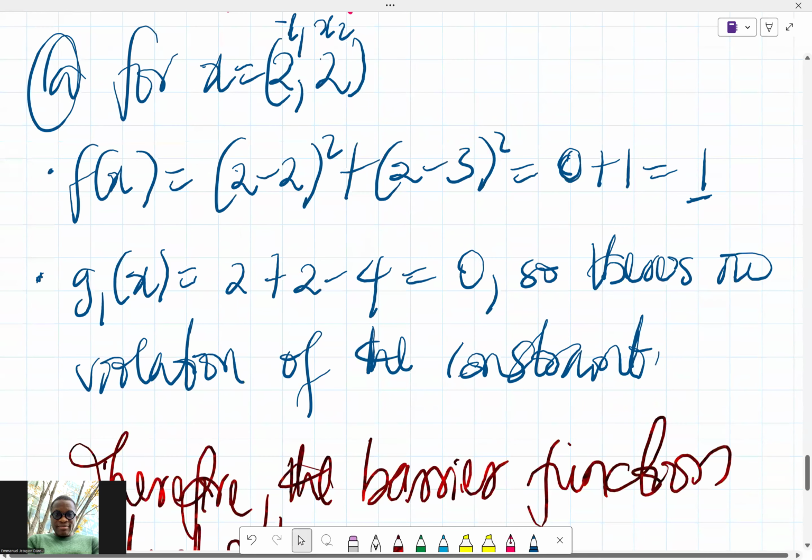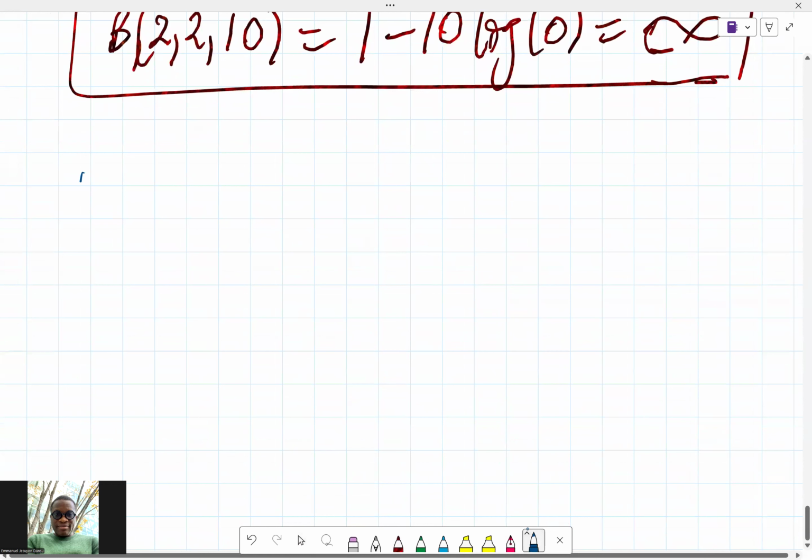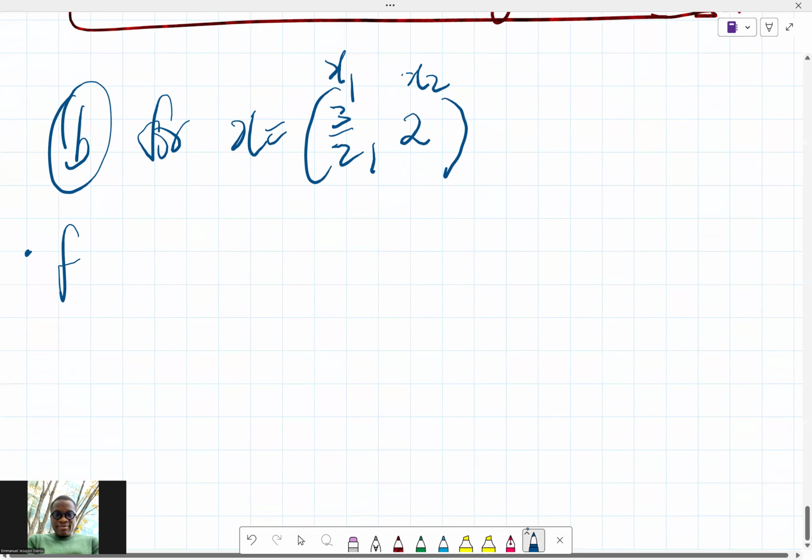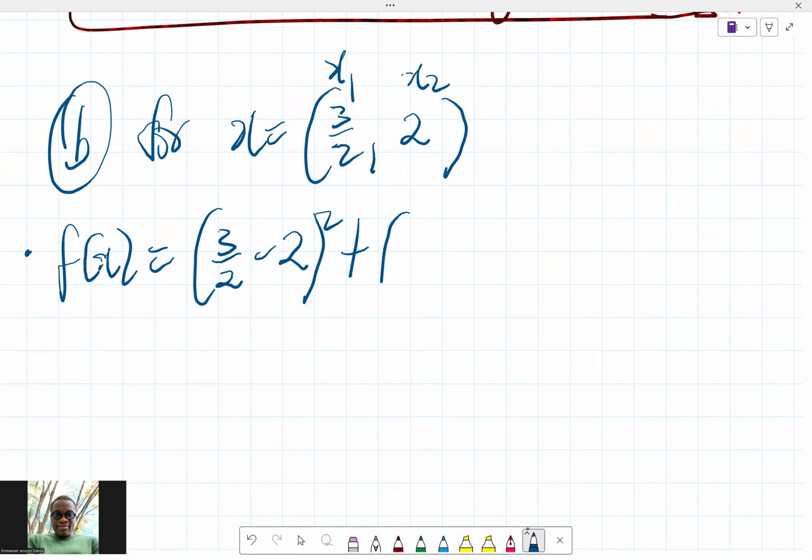Okay, with that done, let's try another point. We've done (2, 2). Let's do something else. Say, x equals (3 over 2, 2). That means x1 is 3 over 2 and x2 is 2. So here f of x is equal to (3 over 2 minus 2) squared plus (2 minus 3) squared. 3 over 2 minus 2, that's 1.5 minus 2, that's 0.5, so minus half.